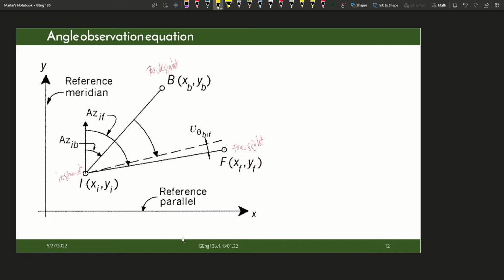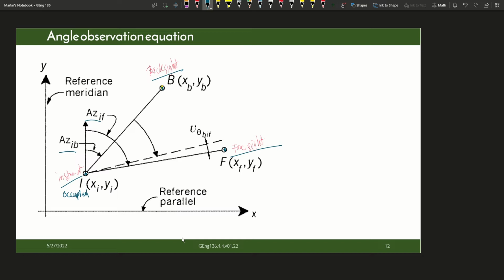So let's consider point B as your backsight station, point I as your occupied station, or this is where our instrument is placed, and point F, which is the foresight station. Each of these lines has its azimuth, right? So azimuth IF for the foresight and azimuth IB for the backsight.